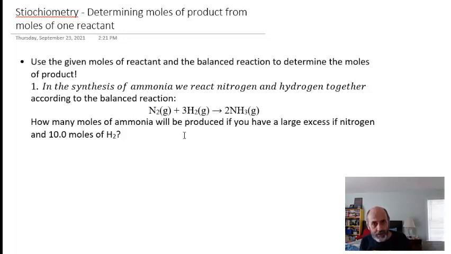So we define our variables again. We start out with nitrogen. I'm sorry, not nitrogen, because that's in a large excess. We're going to define N of H2 as the number of moles of H2, which in this case is 10.